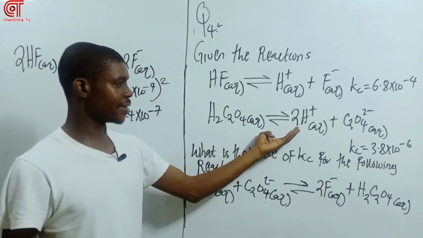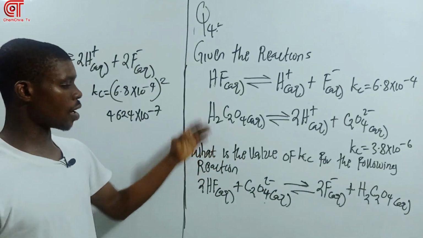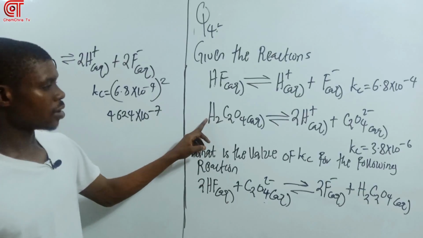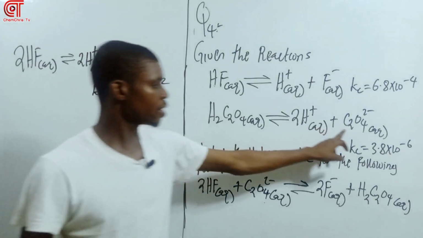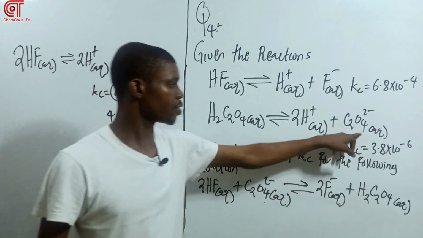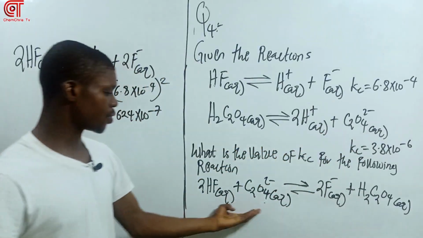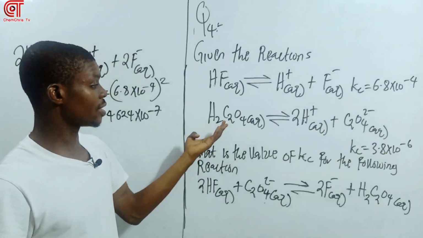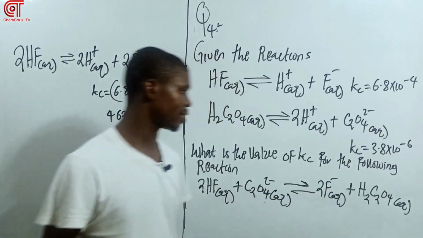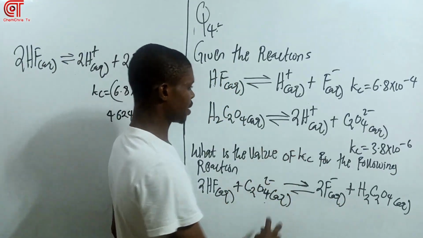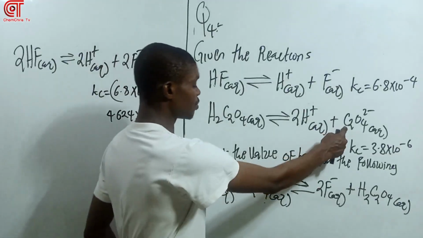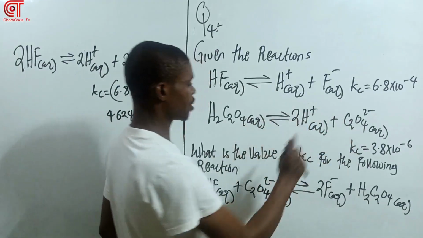If you look at this other one here, what's common to the two of them? Here we have H plus, which is on the product side, on the right-hand side. This guy is on the right-hand side, but here it is on the product side. So to make it the same as this one here, I want to reverse the reaction.